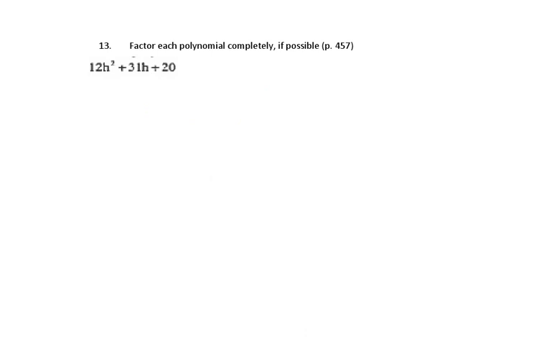Okay, 13. We're not going to be able to divide everything by 12. So what we're going to have to do is factor by grouping. The first step to this is multiplying the first and last number. So 12 times 20 is 240. The next step is to think of factors of 240. Well, there's 24 and 10.